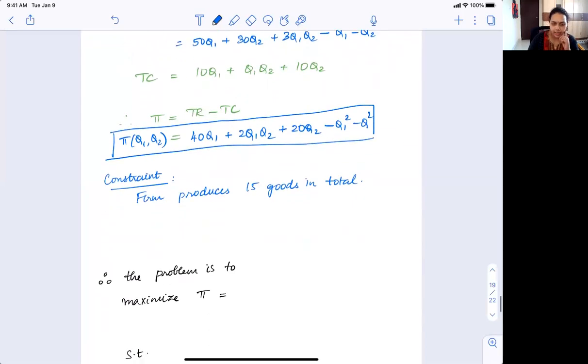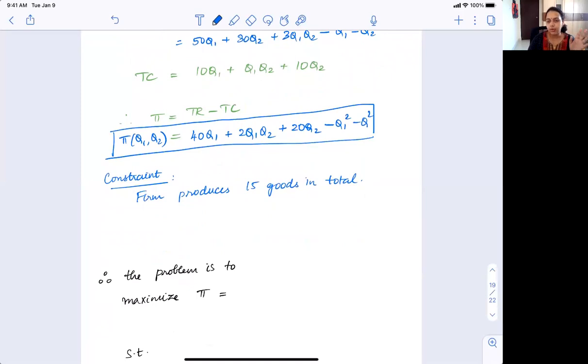Now the constraint is given that the firm produces 15 goods in total. So overall, the amount of good 1 and good 2 that it produces can be given by Q1 plus Q2. Now the constraint tells us that this is capped at 15. So that will be our constraint.